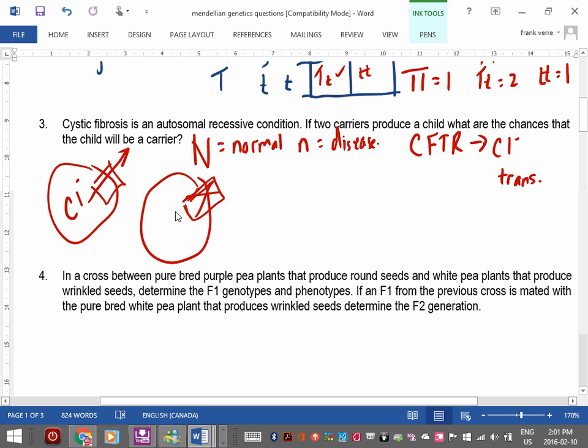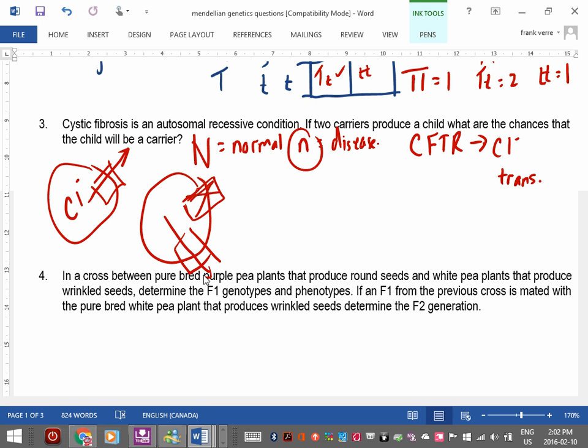That would be the one coming from this allele, the little n. But because you have another copy, the other recipe is fine. So you end up making another transporter that actually works, where the ions can actually go through. So if you're heterozygous, you're fine because half the number of transporters is good enough for you not to have this disease.